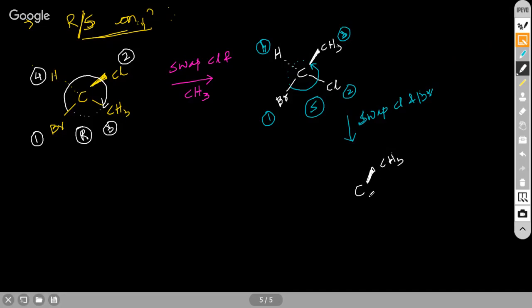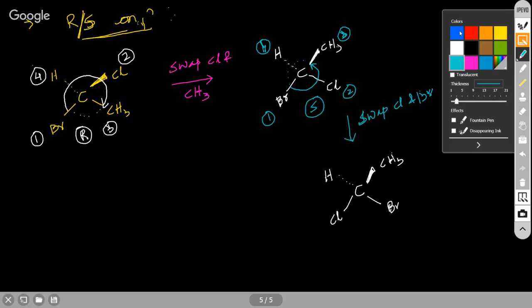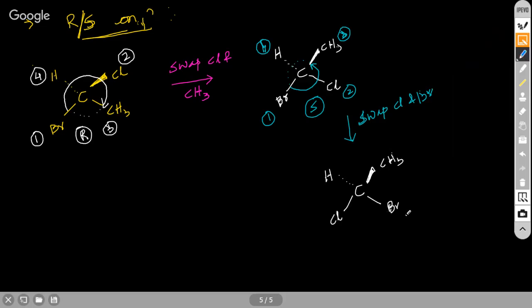Here we have bromine, here we have chlorine, and hydrogen we have here. Again, we assign the priority: 1, 2, 3, 4. We go 1, 2, 3 via 2. Now you see it is clockwise. So clockwise is R configuration.